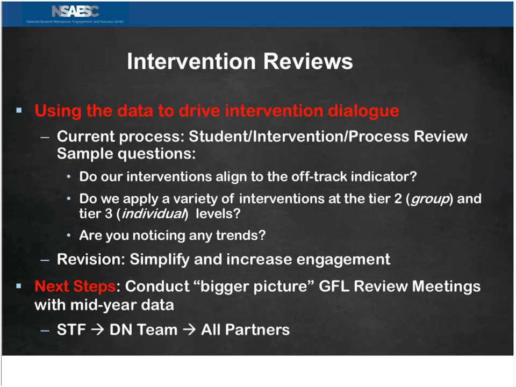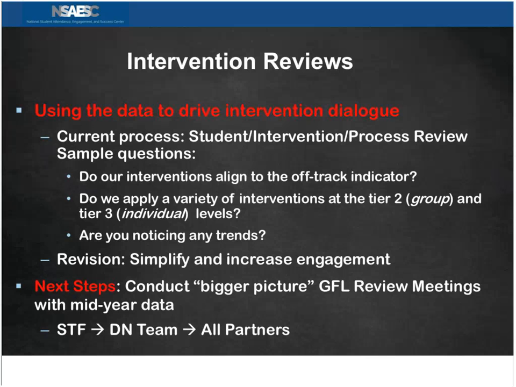Do our interventions align to the off-track indicator? Do we apply a variety of interventions at the Tier 2 or group level and Tier 3 individual levels? Sometimes when we're having meetings and we're assigning interventions, we tend to stick to the most common responses or the interventions that we do the most.